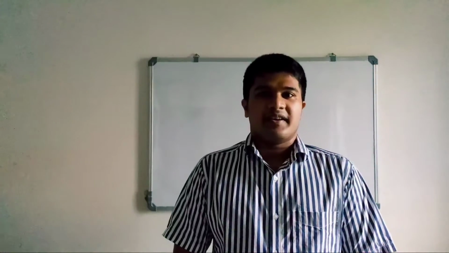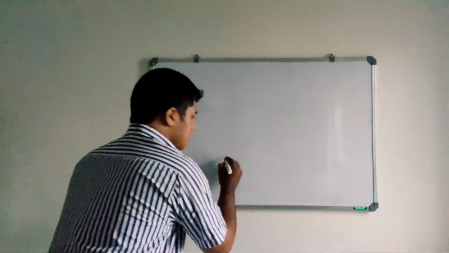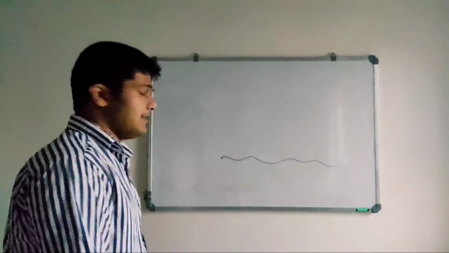Light shows different types of phenomena: interference, diffraction, refraction, reflection, etc. This is one of the examples of reflection of light. Here it is a water surface and light.